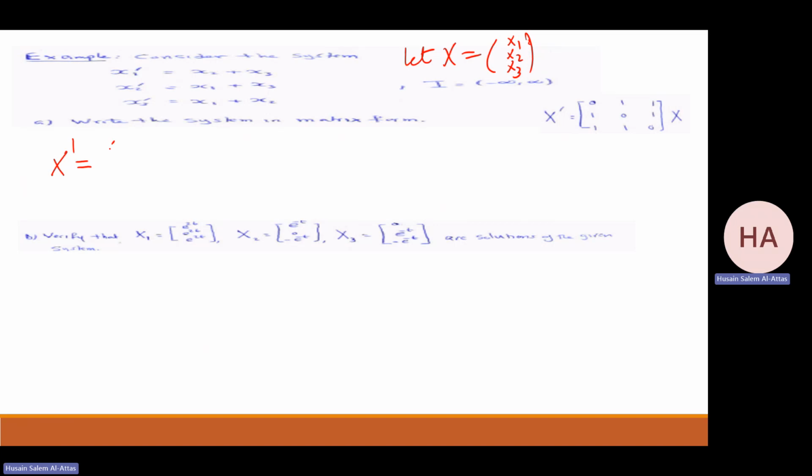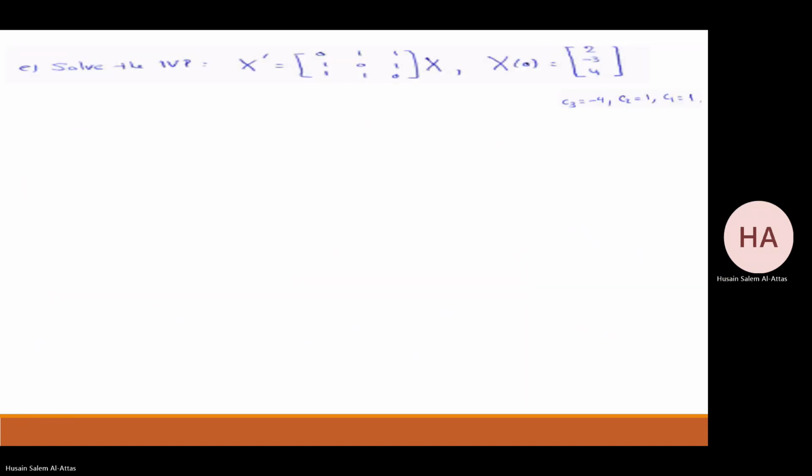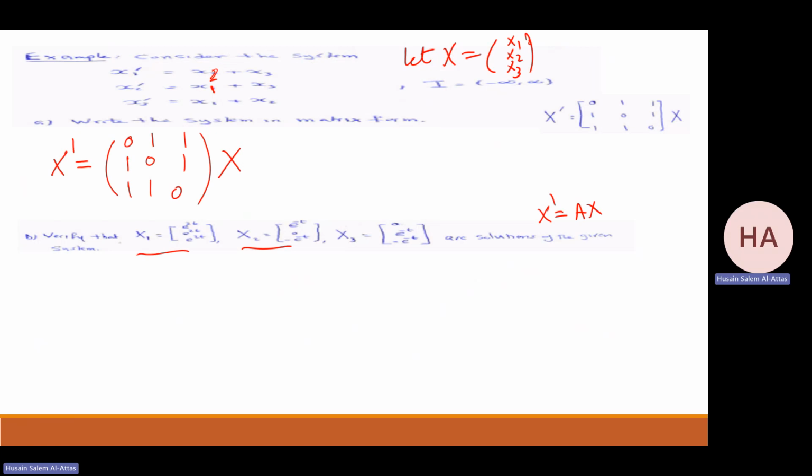X prime will be the matrix with rows 0, 1, 1; 1, 0, 1; 1, 1, 0, times x. These are the solutions of the system x prime equals Ax, and this is what I will check. Let me do this problem, then I will stop.